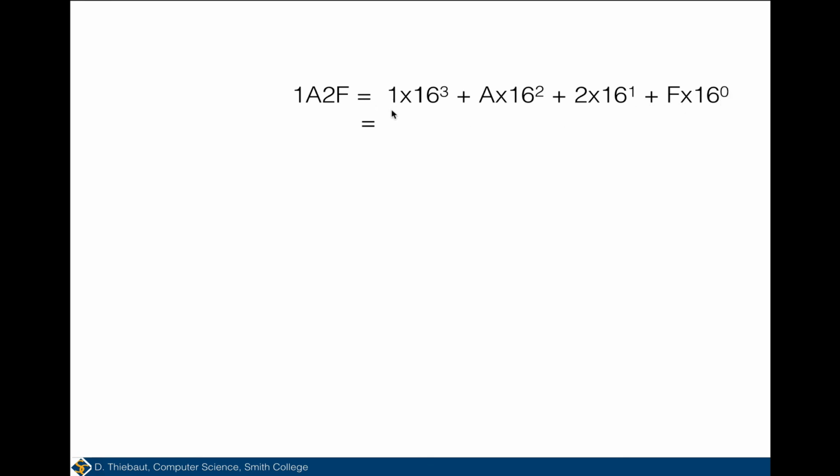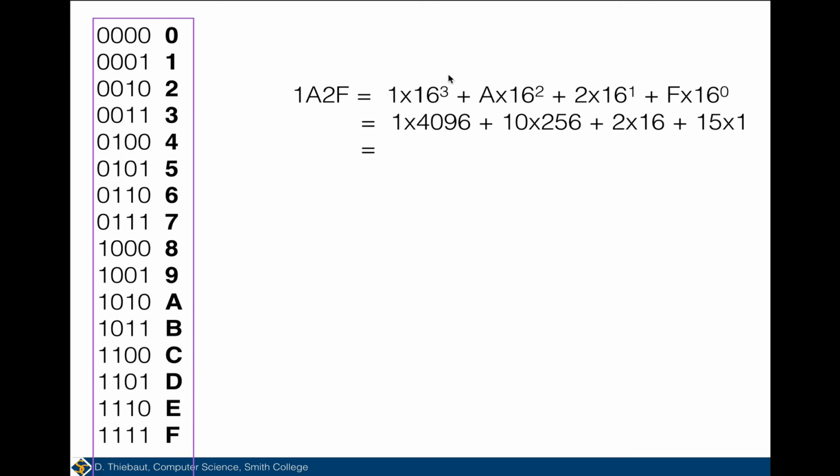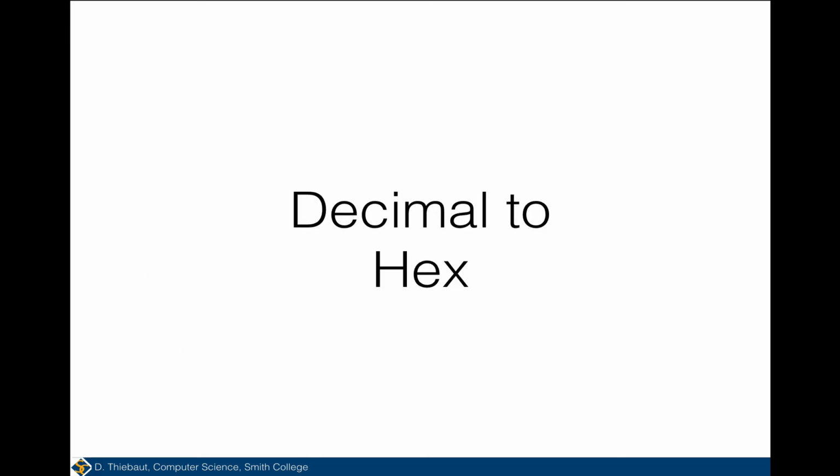We transform all the digits into decimal, so that's 1 times 4096, A is 10, 2 is 2, F is 15. You expand all this, you get 4096 plus 2560 plus 32 plus 15, and that's the number. So hexadecimal 1A2F is 6703 decimal.